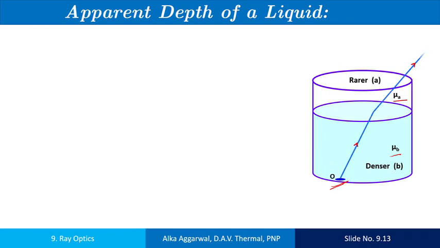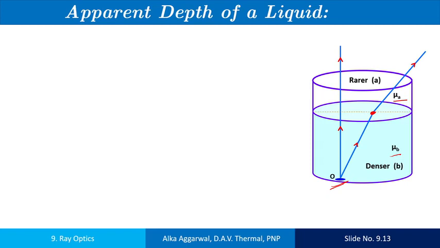The ray going out from the object from denser to the rarer medium bends at this point away from the normal. The second ray is going normally. As it is normal, the angle of incidence is 0, so it goes undeviated.